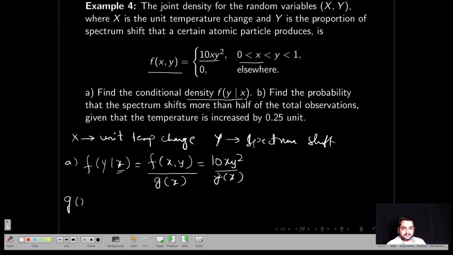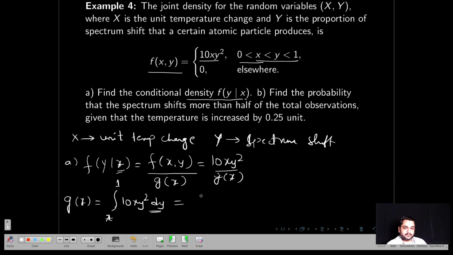G of x is equal to the integration of 10xy square. I am integrating over y, so dy. What is the interval of y? Y is between x and 1, so x is the lower bound and 1 is the upper bound.